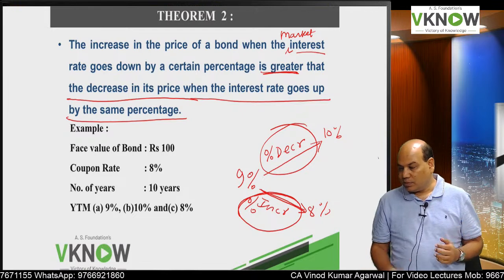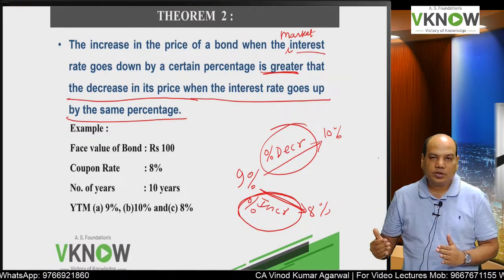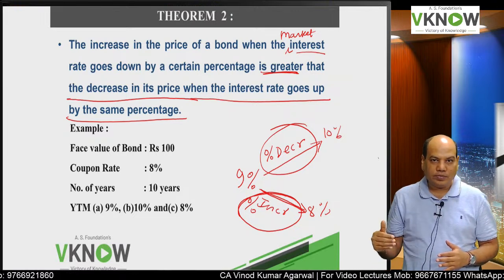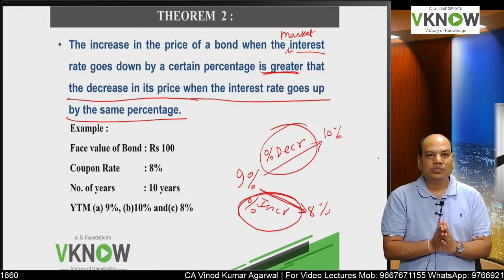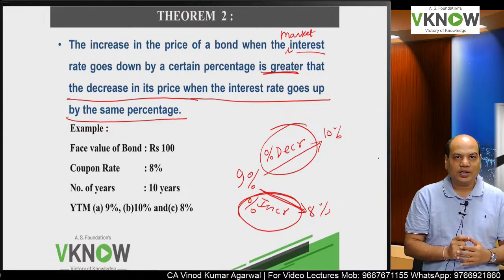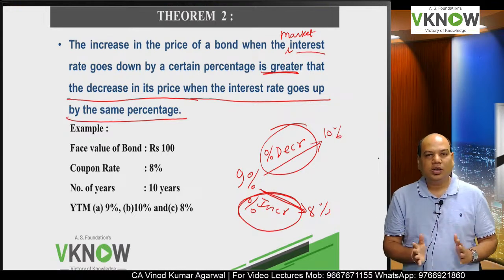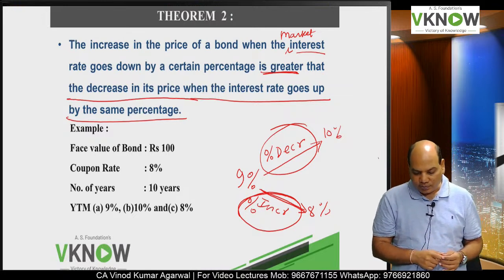And why does it happen? This happens because the curve is not a linear curve. It is curvilinear. And because of that, even if the YTM changes by 1% in either direction, the percentage change in the bond price is not equal. To prove our point, we'll take this example.